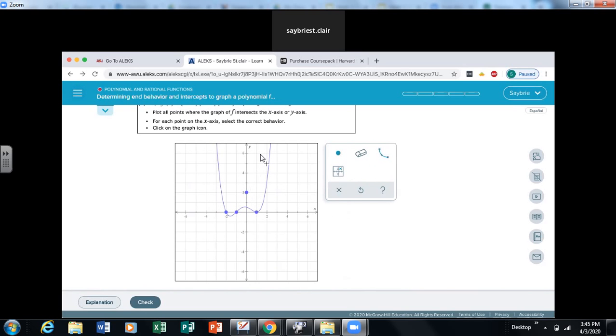Wait, that's not right. That's so confusing. Can you undo that little graph thing?